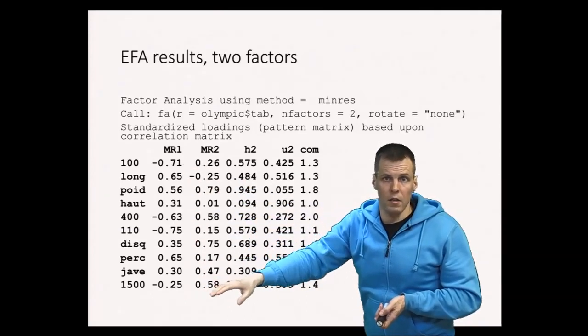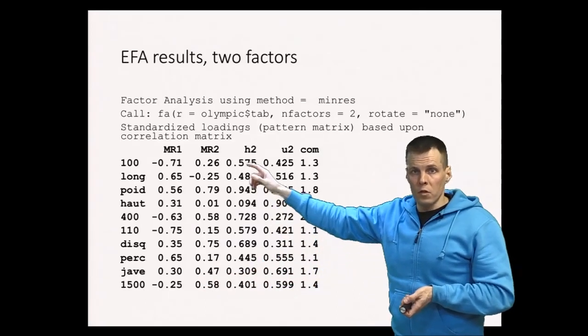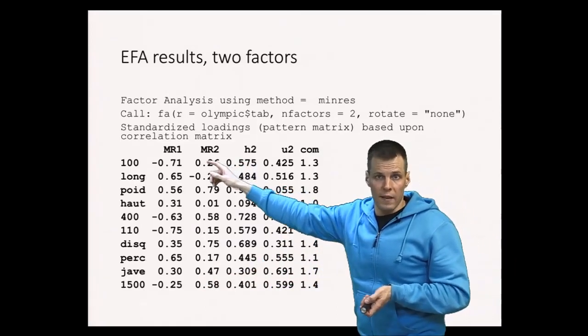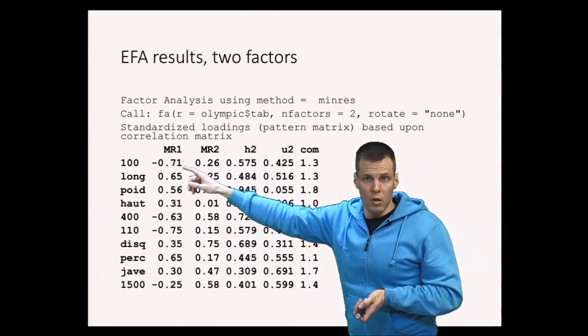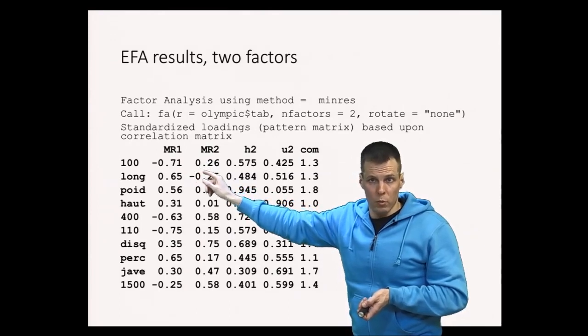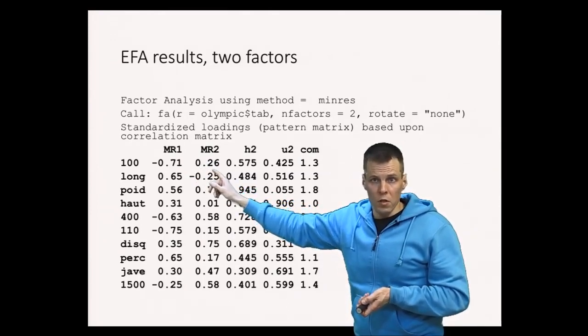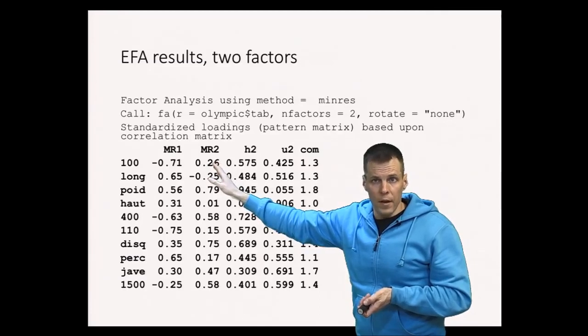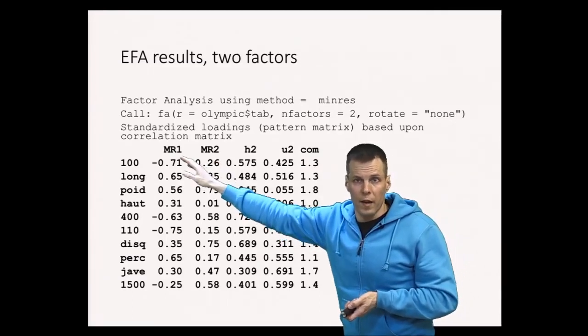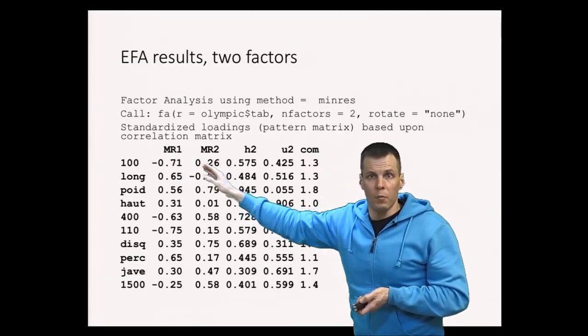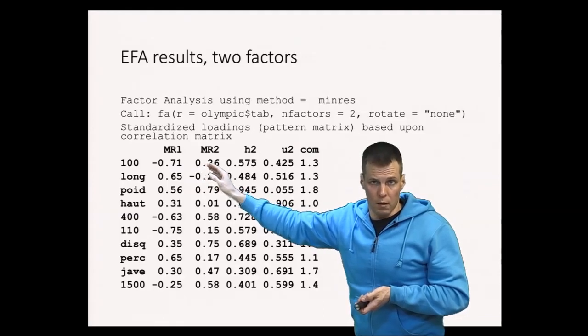The first indicator correlates at -0.71 with the first factor and -0.22 with the second factor. So the first variable is very strongly associated with the first factor, and a bit more weakly associated with the second factor.